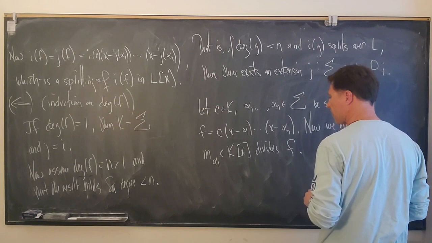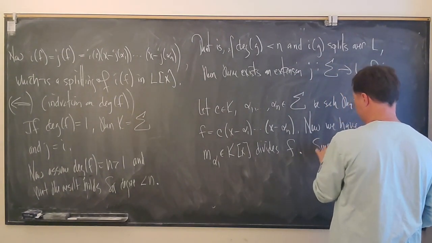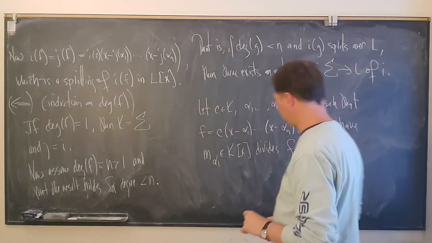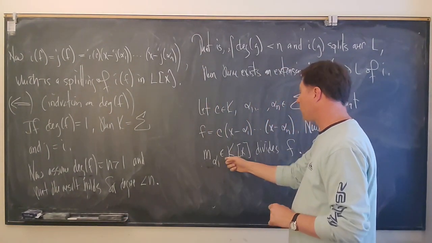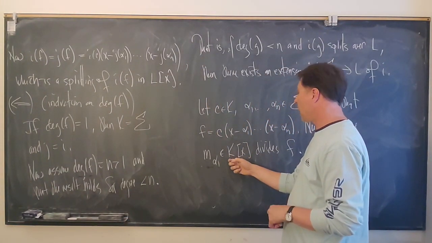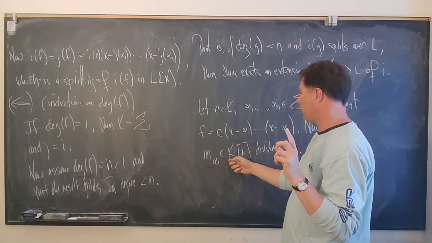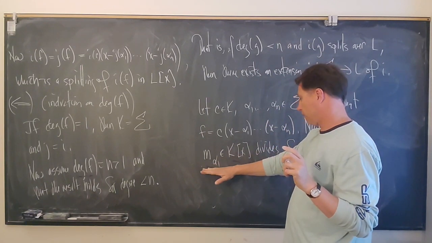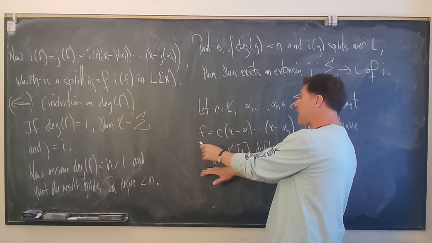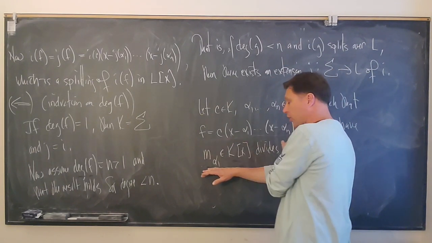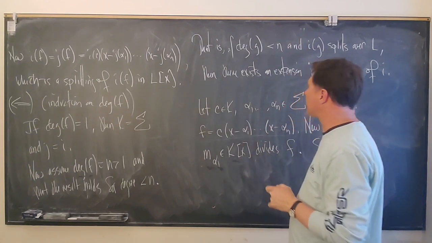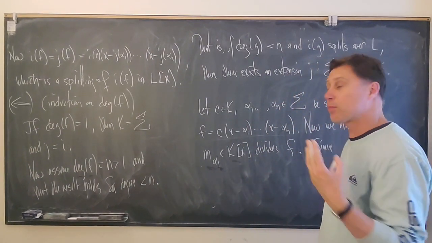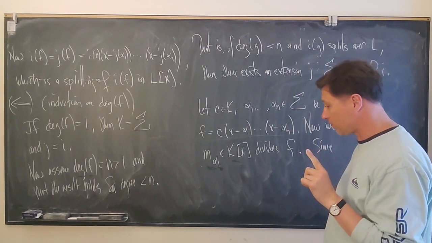So let's see what's happening here. m sub alpha 1 is just a polynomial with coefficients in K, but it's the minimal polynomial for alpha 1, so it's going to be a divisor of this polynomial right here. Now I want to use the fact that sigma is a field, so sigma bracket x is a UFD.